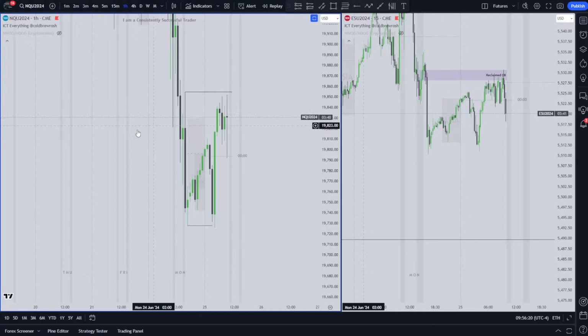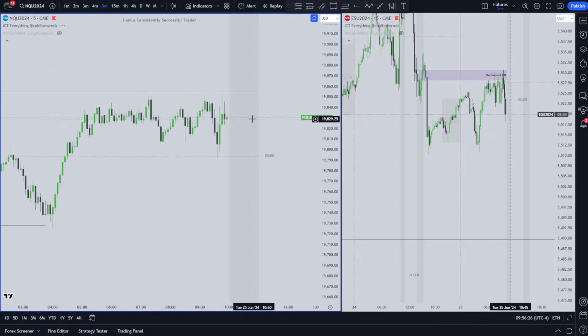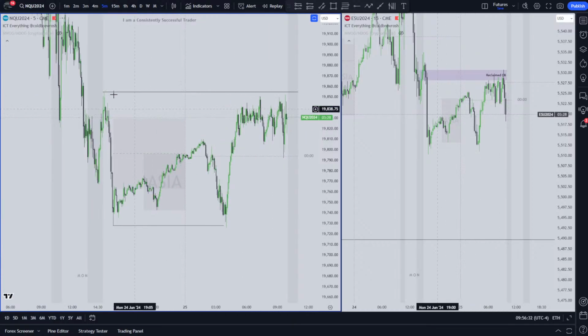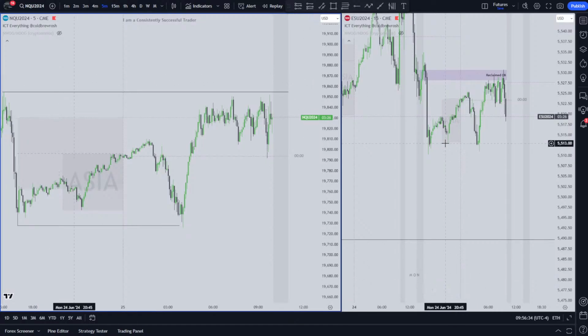It's creating a bit more internal accumulation. There's a very high probability that this high gets taken, maybe at 10. I suppose that's what we're waiting for now.